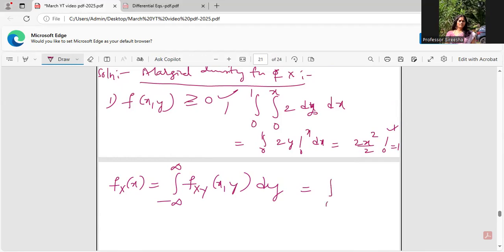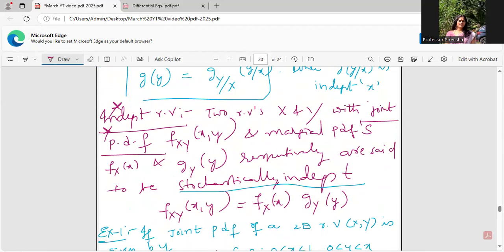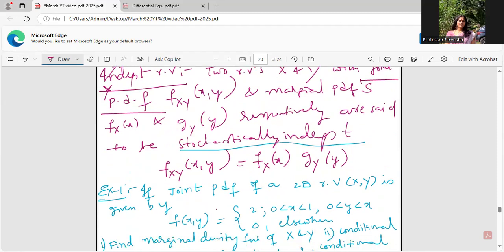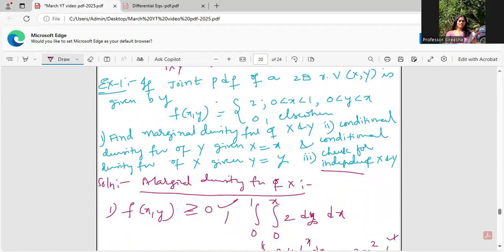The y limits are only from 0 to x. The remaining values are all zeros. You can just observe, I'll scroll up. So this comes out to be 2x. You can see the problem. Only for the y limit between 0 to x, the function exists. For any other limits, it is 0. So this is how I'll find the marginal density function for a continuous random variable.